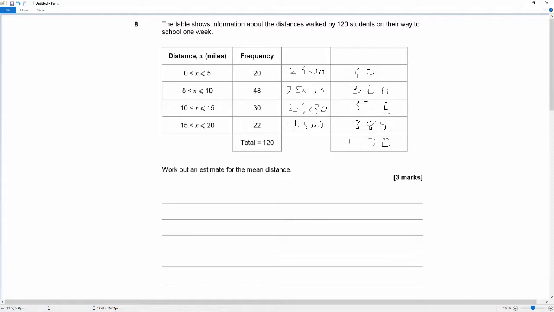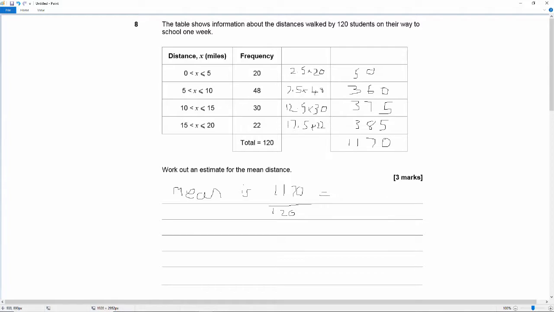And to get my mean, all I have to do is divide the 1,170 by the 120 students. So mean is 1,170 divided by 120.